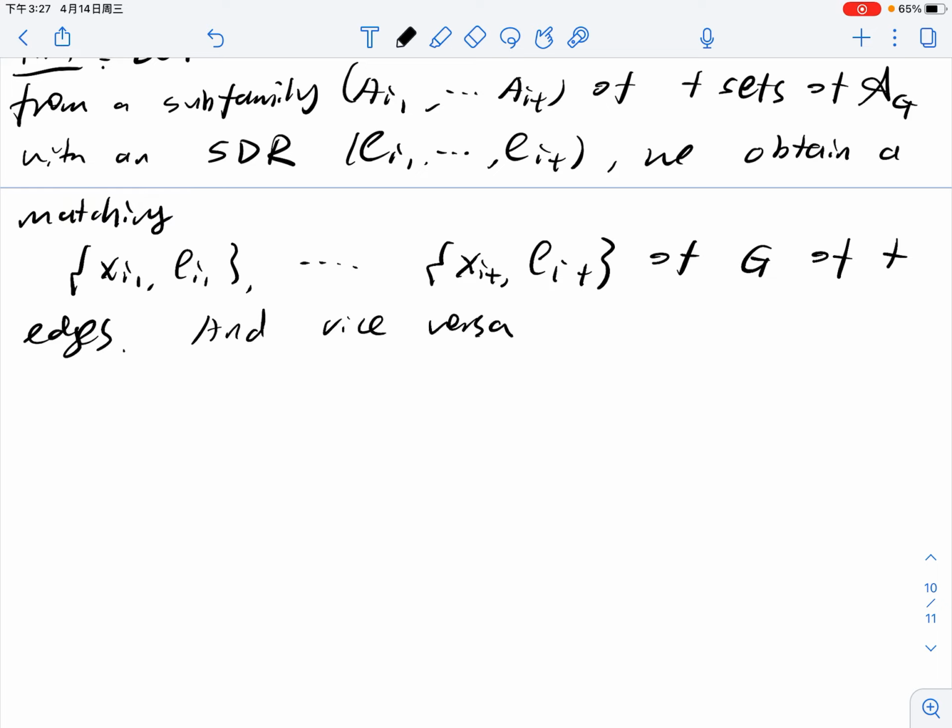If we have a matching, then we can figure out a subfamily with an SDR.